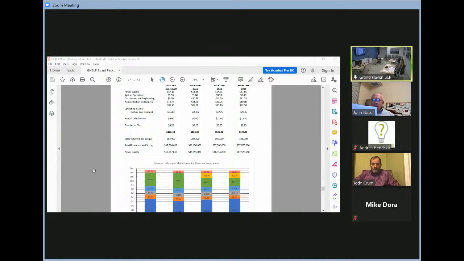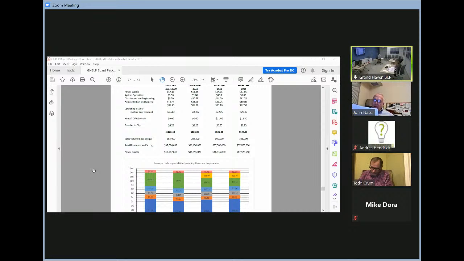In other words, the yellow block is a third of the yellow and green block. So we're using about a third with a 20-year financing at $47 million at 4%. We're still only using a third of our, quote, operating income to pay off debt.